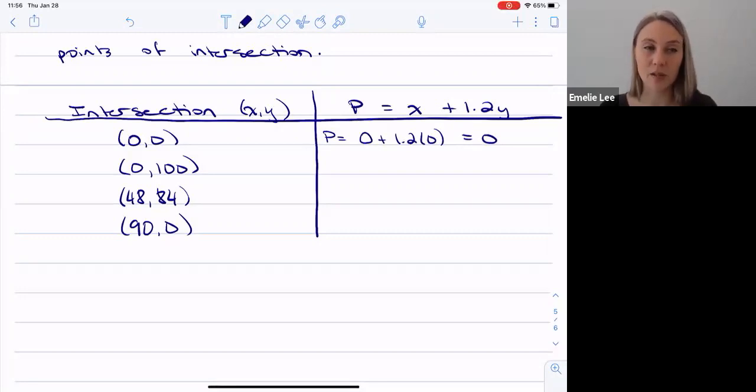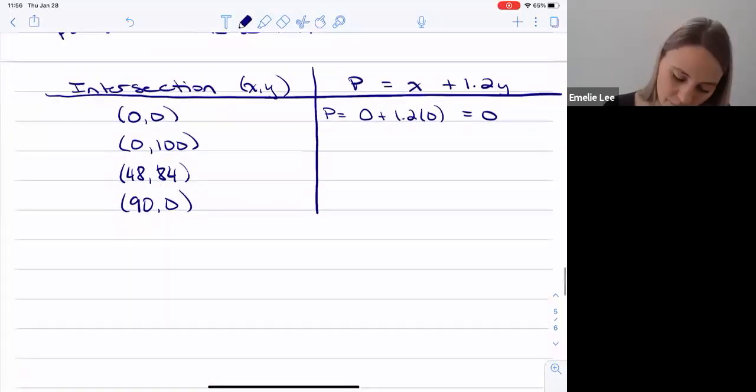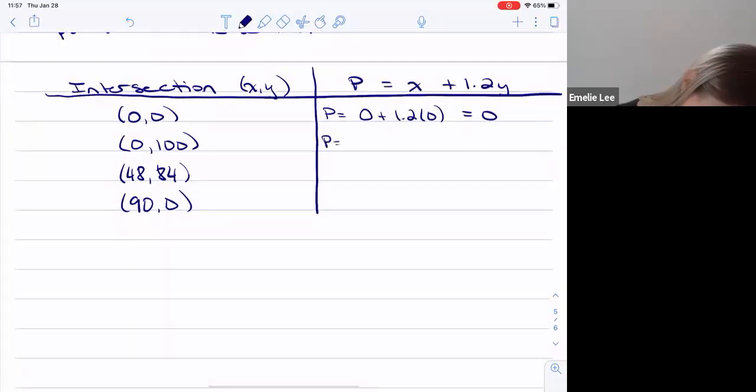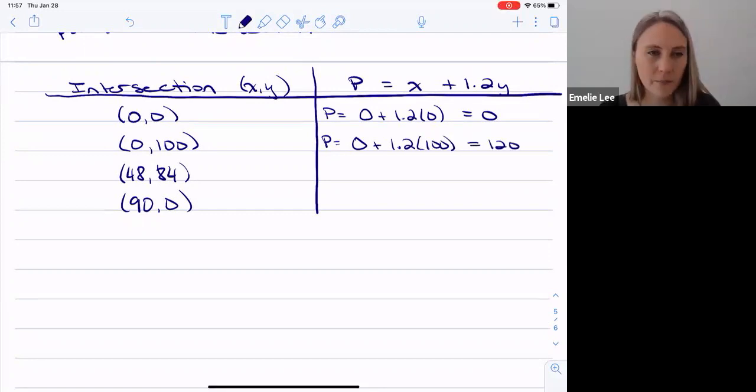Probably not a maximized profit, okay? So then I do the same thing with my other XY coordinates. And so I've got P is 0 plus 1.2 times 100. Should be 120.